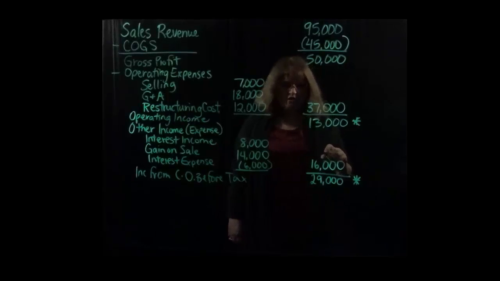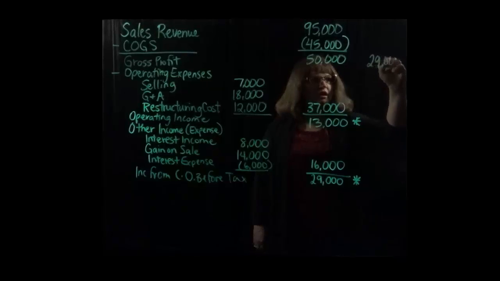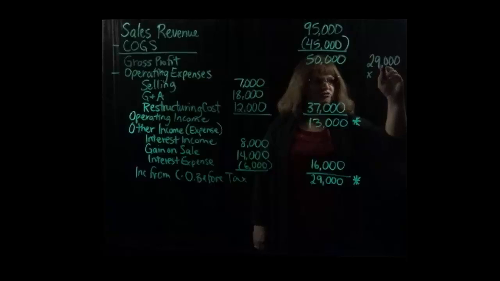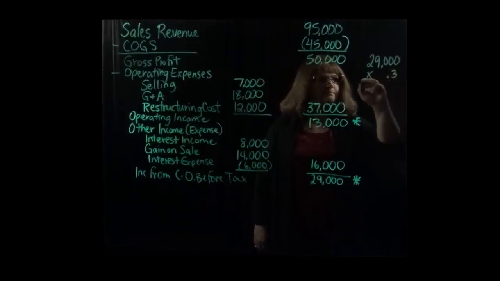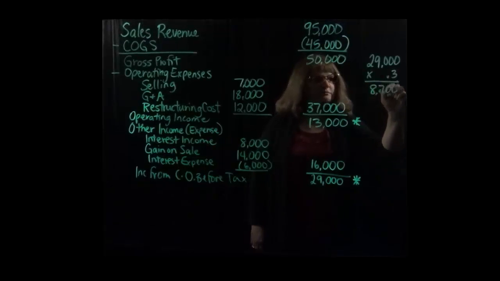Next, you're asked to calculate income tax expense, and that's going to simply be the $29,000 in income from continuing operations before tax multiplied by our tax rate, which in this case is 30%, and that will give a total of $8,700.